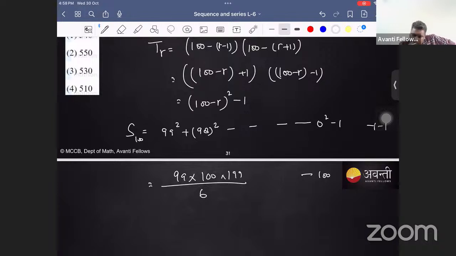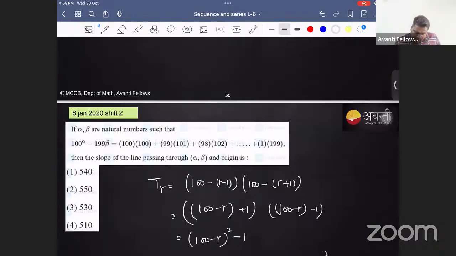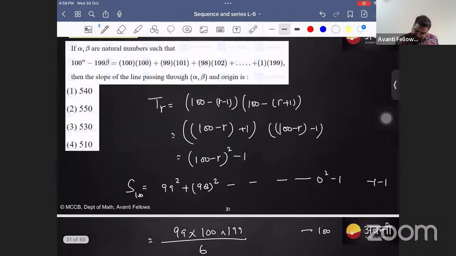This is what I got. 100 to the power alpha. So according to this, there's a difference of a minus sign, rest everything is fine. 99 into 101.